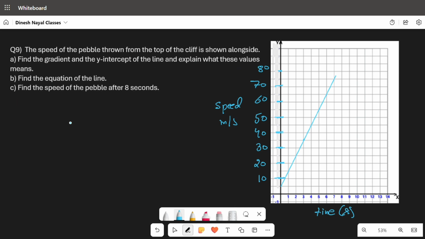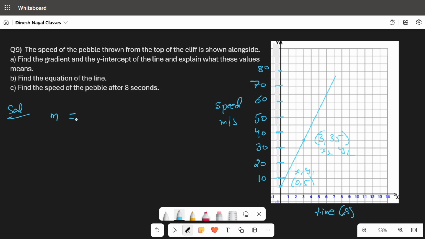Okay. So first of all, let's find the gradient. We have 2 points. This is actually (0, 5) from the graph, and we can take this other point, (3, 35). So m will be the same formula, taking the first as x1, y1 and the second as x2, y2.